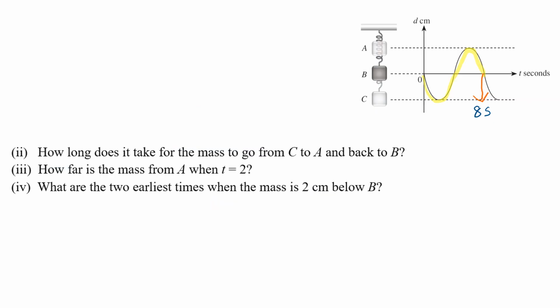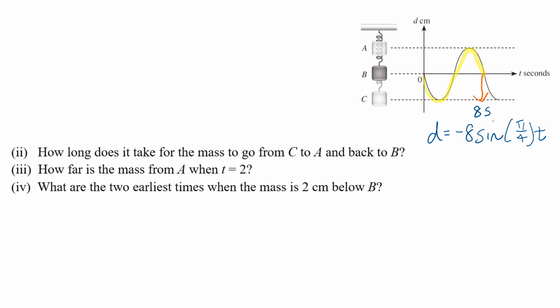Alright, for part 2, how long does it take for the mass to go from C to A and back to B? So we need to find the period. The one highlighted in yellow is one cycle, and we need to calculate the period. You're given B to be pi over 4.